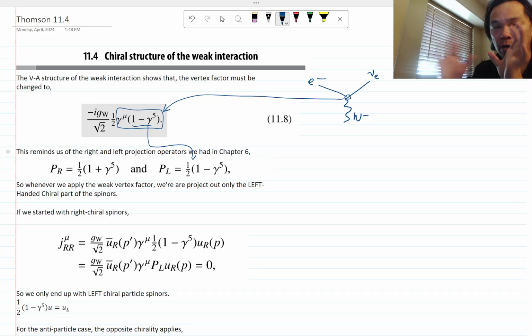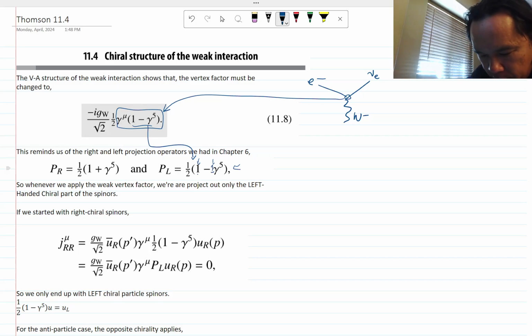This is when we were dealing with chirality, whether or not a left-handed spinor will couple with a right-handed spinor, and these couplings can occur through these projection operators where you project out a particular helicity of a state. And the weak interaction has the maximum amount of V minus A structure, meaning you have a 1 in front of both the vector part and the axial vector part with a minus sign between them.